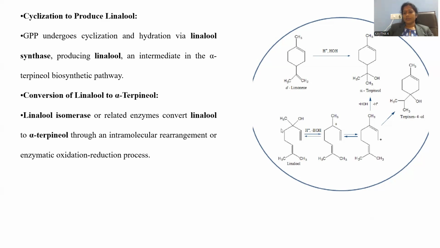Let me show the entire route map for the conversion of linalool into alpha terpineol. Linalool can be protonated. Protonation is carried out at this hydroxy. In order to add this proton, any acid can be applied.